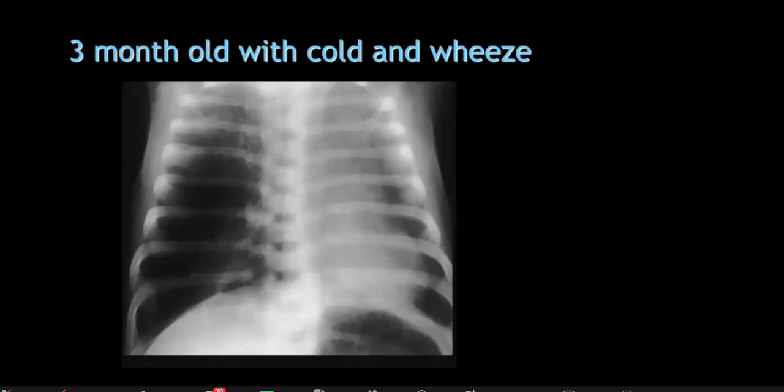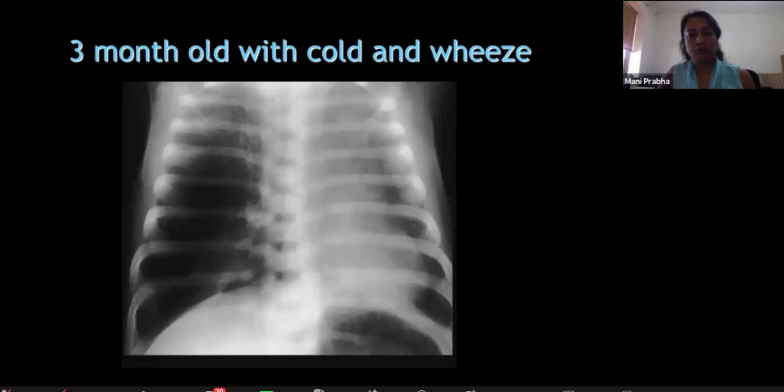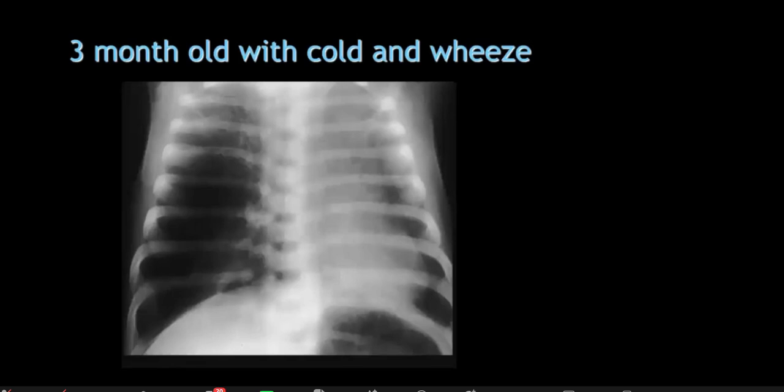Okay. So I've got a frontal chest radiograph in a 3-month-old in which I can see that there is increased opacification of the left hemithorax, and looking at the right hemithorax, it appears hyperlucent when compared to the left. I can see there's some mediastinal shift.